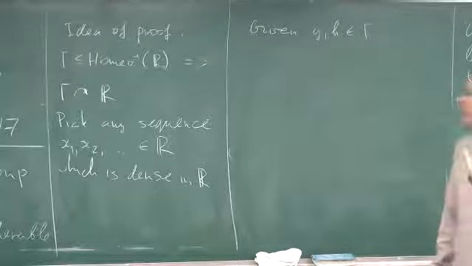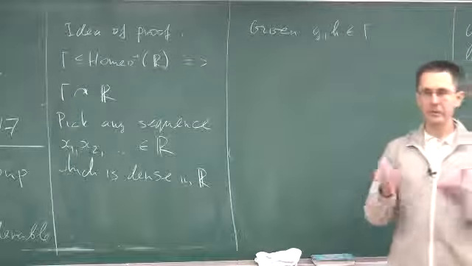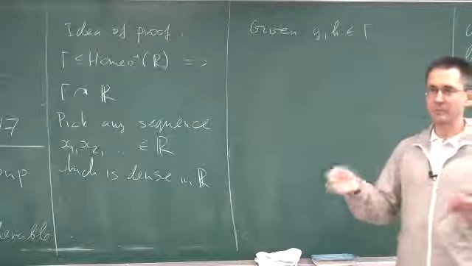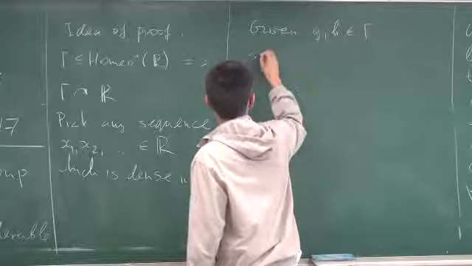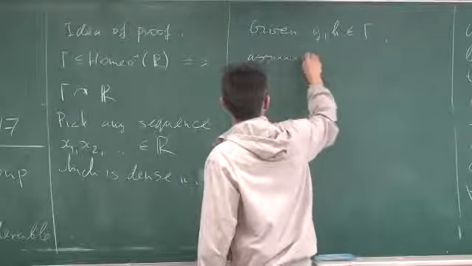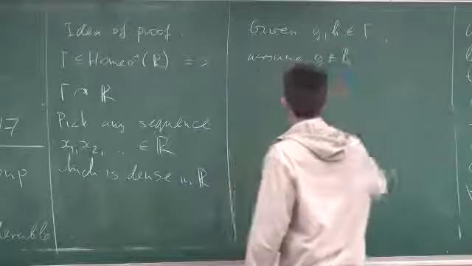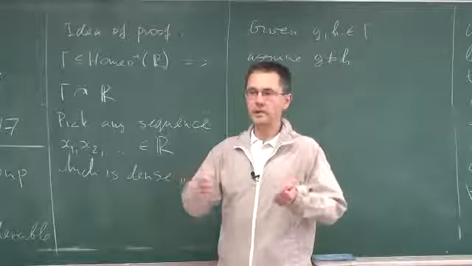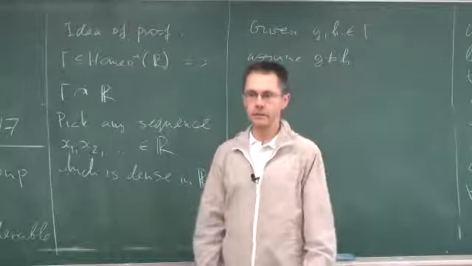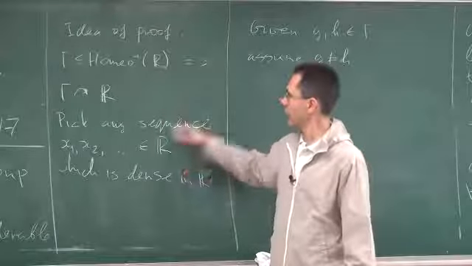I mean, you need to assume that G and H are different, right? If G and H are the same, then it's easy, right? Both G is at most H and H is at most G. So assume G is not equal to H. Since G is not equal to H, we claim that there is some point here for which applying G and applying H will give a different result. Why? Because if G and H actually coincide on this whole sequence, then they will coincide also on R, just from continuity. This action is by homeomorphisms.